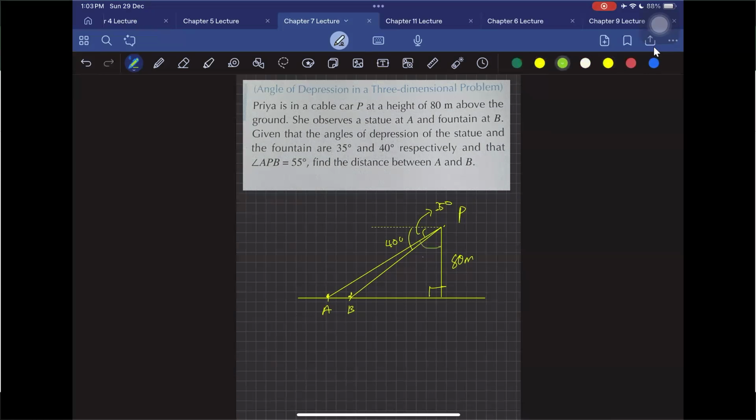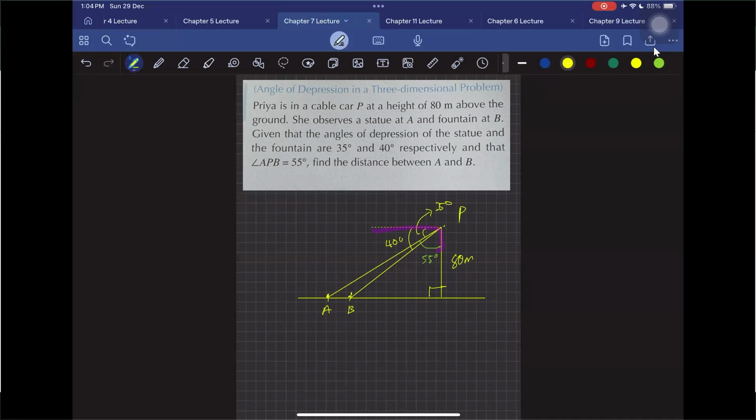Again, we don't really need this information, because if you use the properties you have learned so far, this part here is a right angle. So if you do 90 minus 35 degrees, you should get 55 degrees yourself. So even if they don't give you angle APB, you should still be able to solve this question.